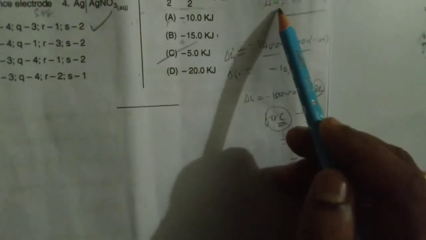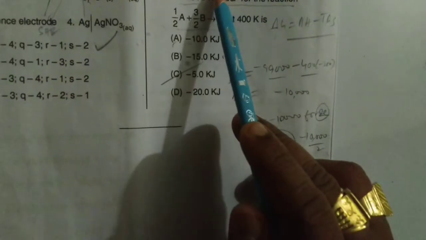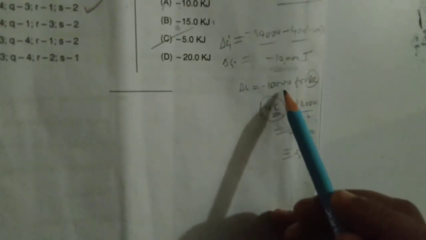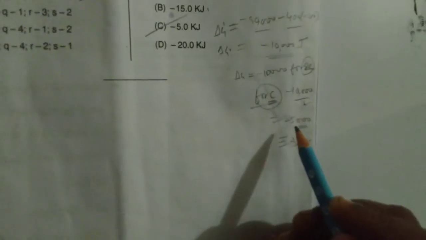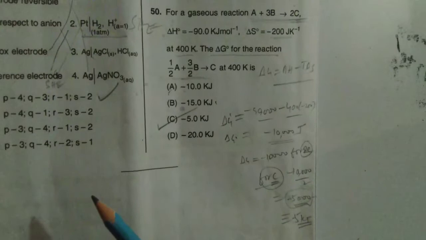You know the formula, delta G equals delta H minus T delta S. Delta H is minus 90,000 joules, minus T, which is 400, times delta S, minus 200 joules. Total delta G is 10,000 joules. Delta G for 2C is 10,000, so for C by 2 we get minus 5 kilojoules. So option C is the correct answer for this question.